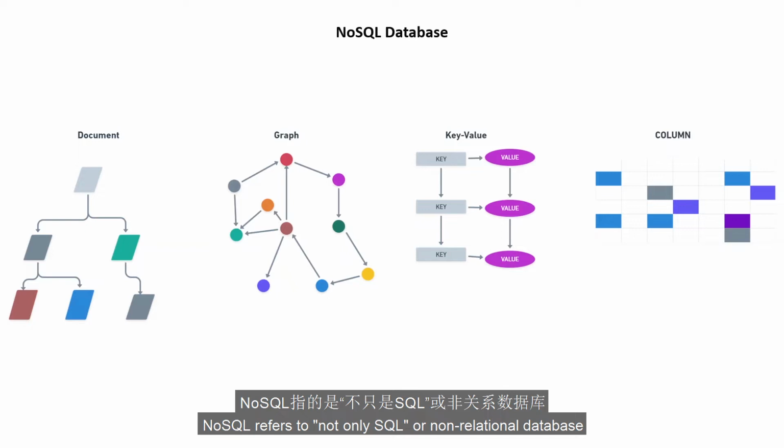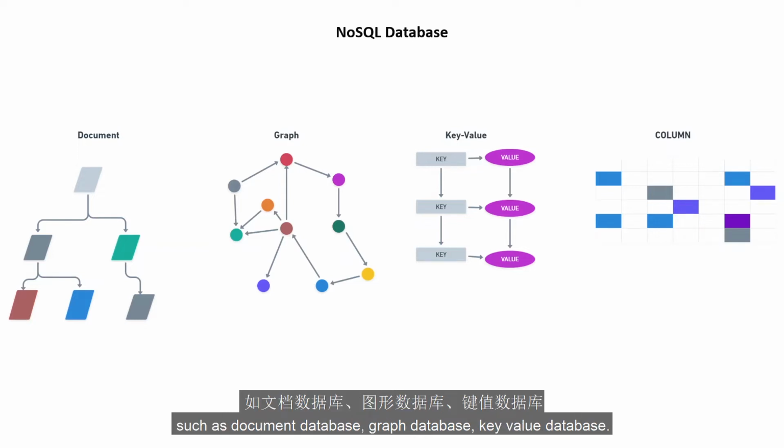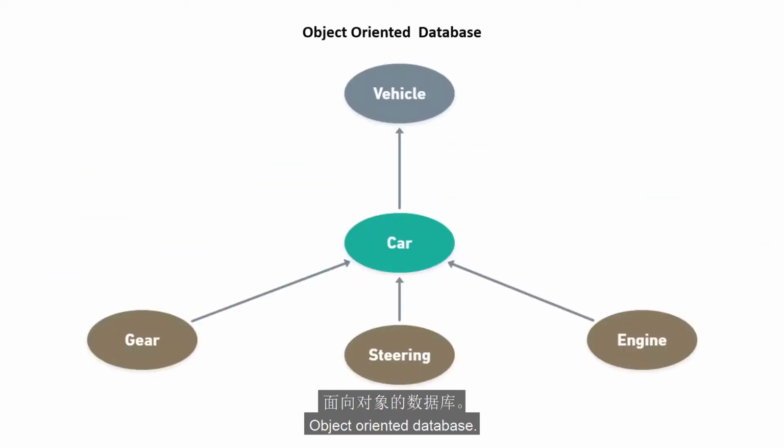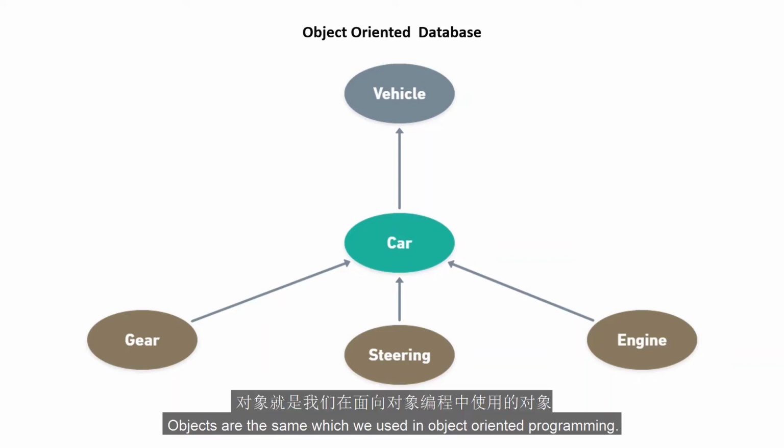NoSQL refers to not only SQL or non-relational database, which does not store data in the form of a table, such as document database, graph database, key-value database, or wide column store database. Object-oriented database. The database stores the object rather than the data. Objects are the same which we used in object-oriented programming.